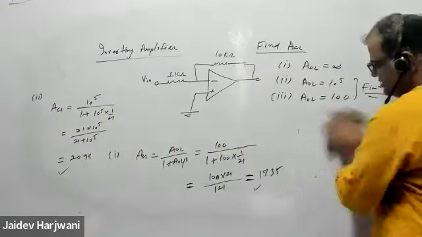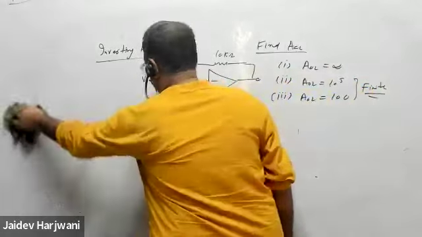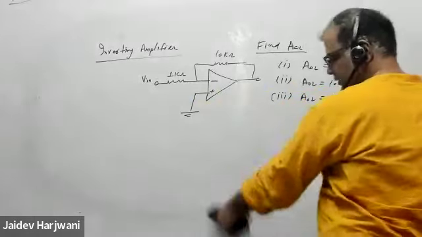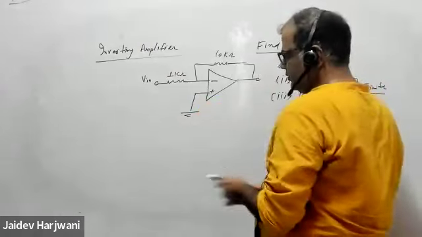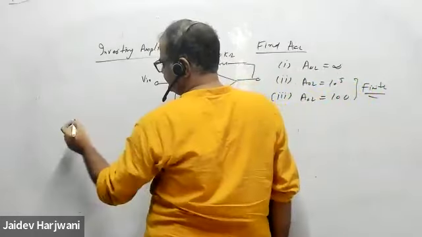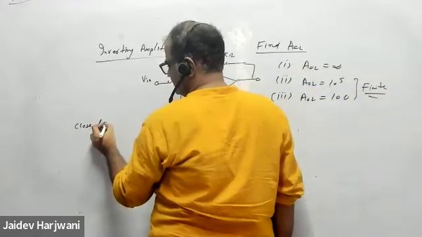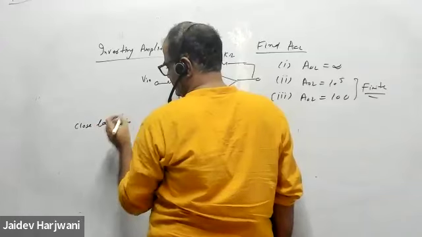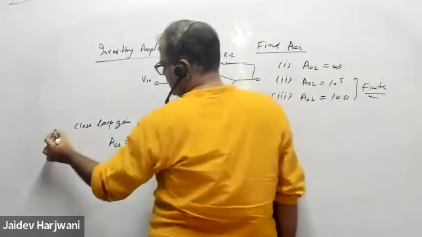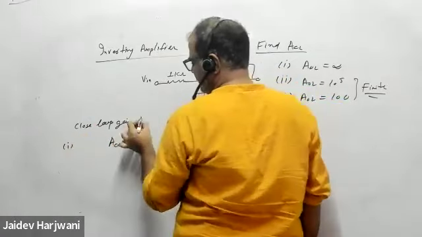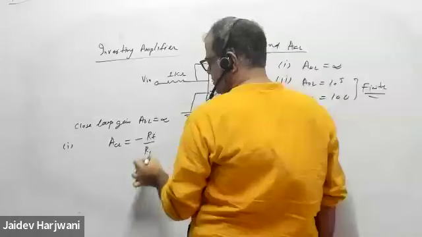So now tell me, what is the formula for the inverting amplifier? The closed loop gain for the inverting amplifier, ACL, is given by, in the first case when AOL is infinite, minus RF upon R1.